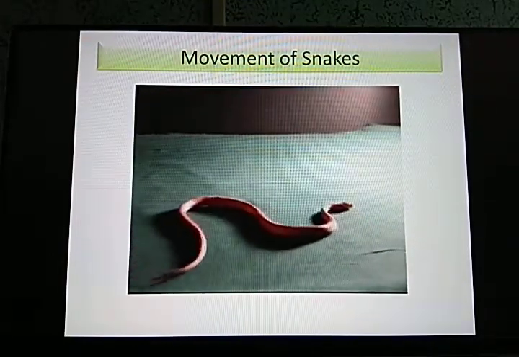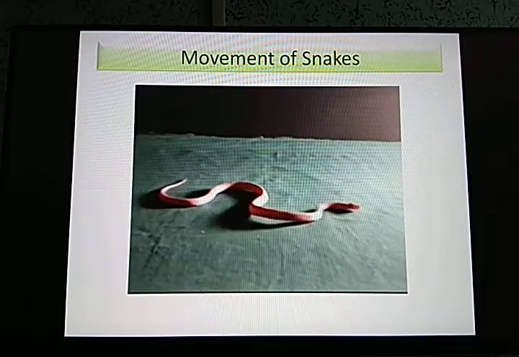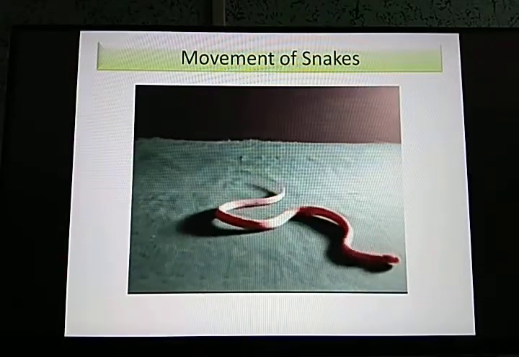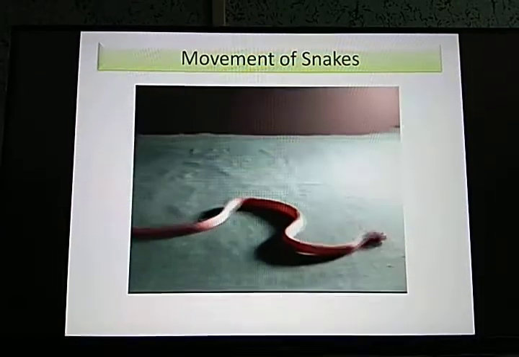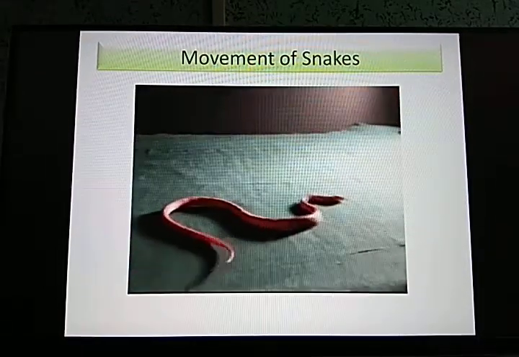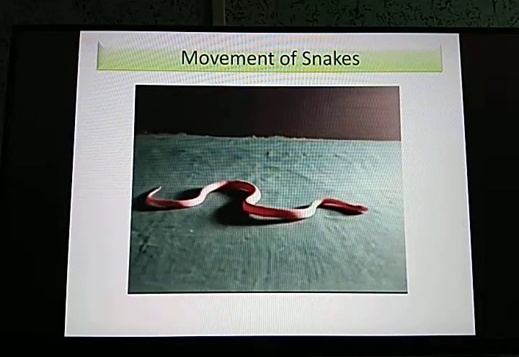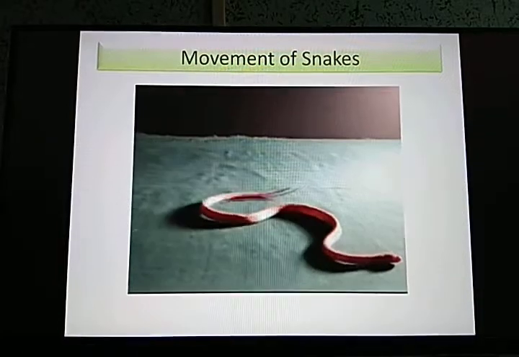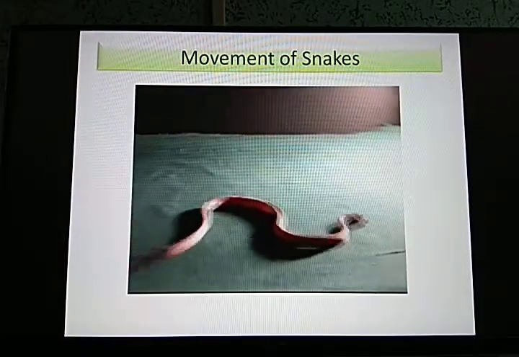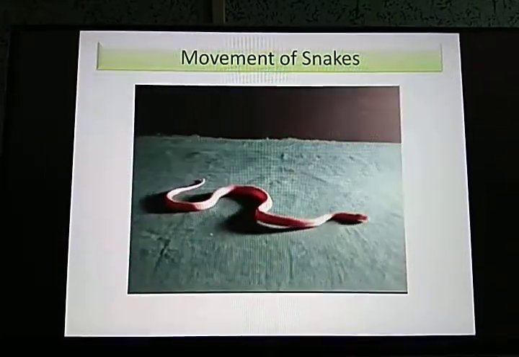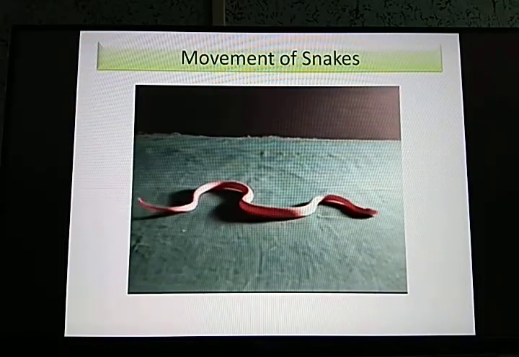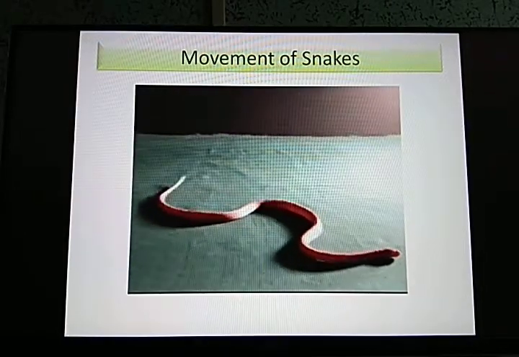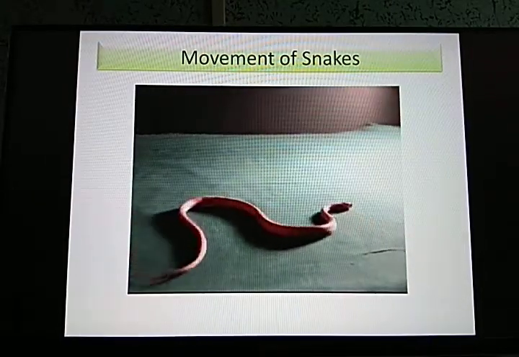Just like if you consider a spring, if we compress the spring and then release it, it moves with a force. Similarly, here also when the snake makes the loop, it is actually compressing itself. It's contracting its muscles. And when the muscles are relaxed, it gives a forward push. And this forward push actually helps the snake to move forward.